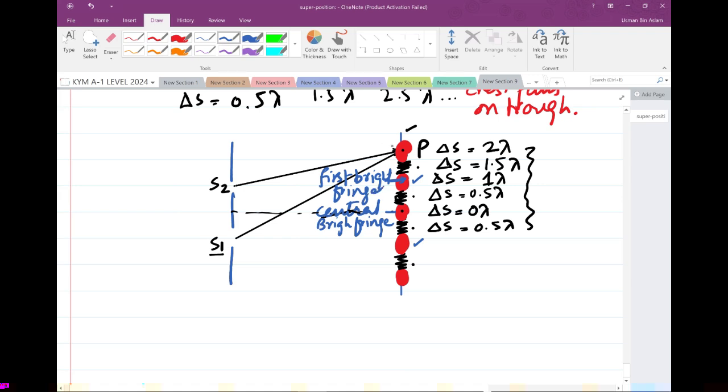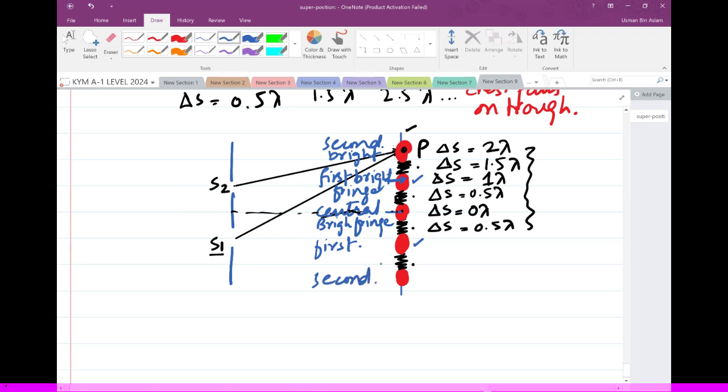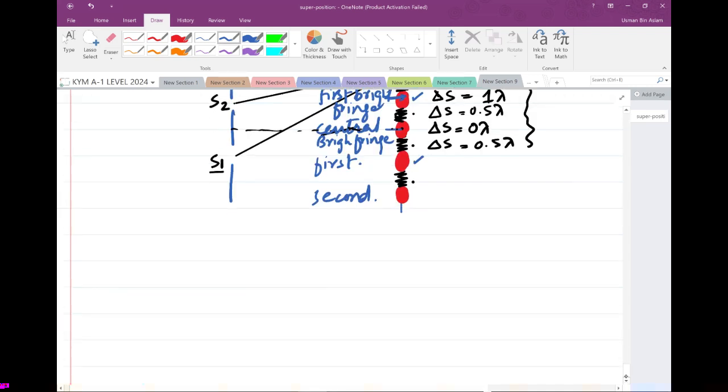Then this one here is the second bright fringe. The one that is below the central one is also called the first bright fringe, but this one lies below the central line. This one will be the second bright fringe as well, but this one will lie underneath the central position.